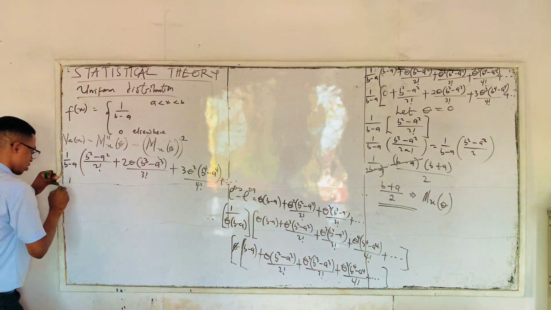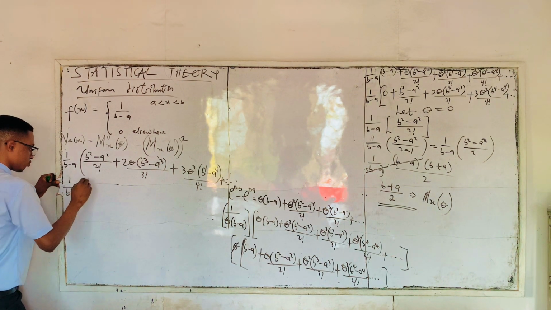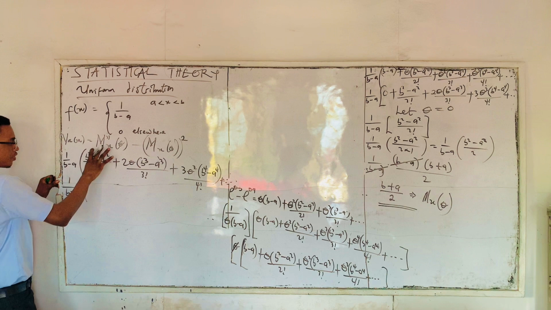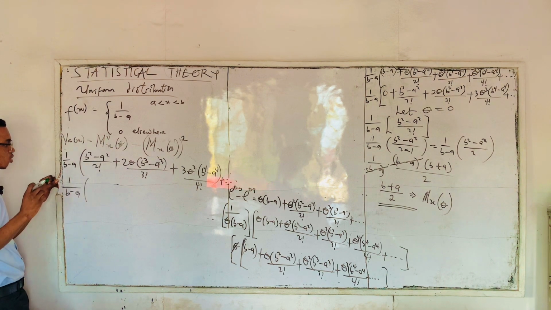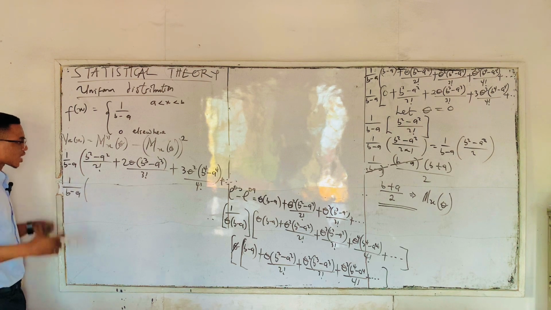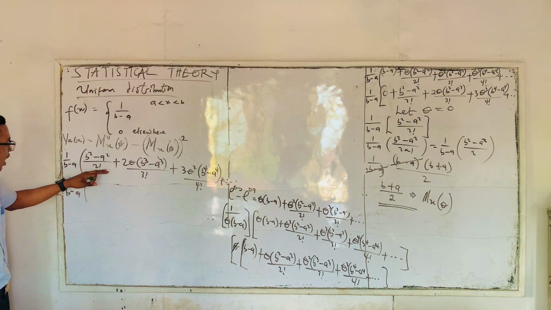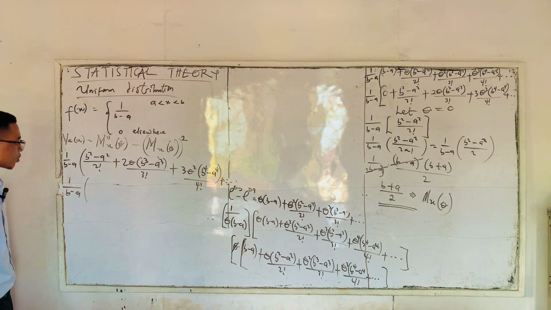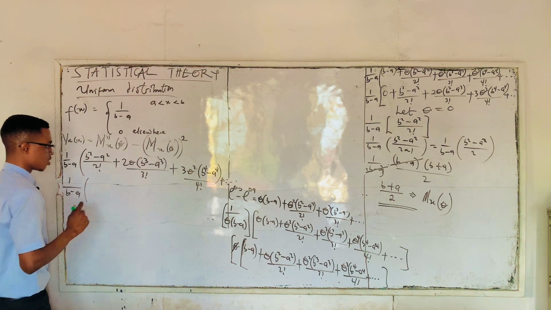Now we have 1 over b minus a into bracket of, if you differentiate this, this becomes 0 because b squared minus a squared over 2 factorial is not having any theta. So logically everything here becomes 0. Now if you differentiate this, we are left with what?